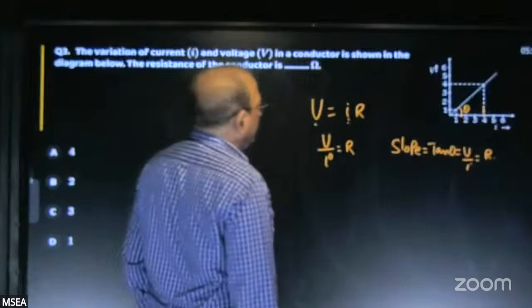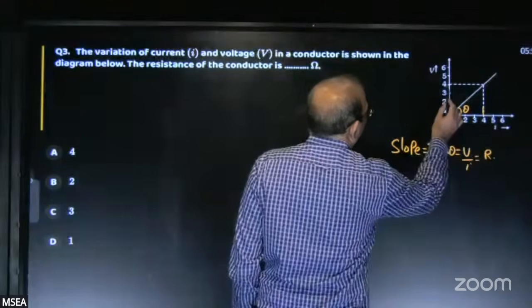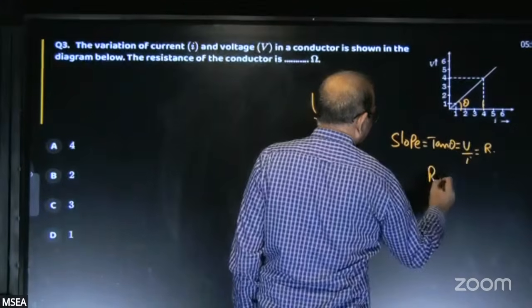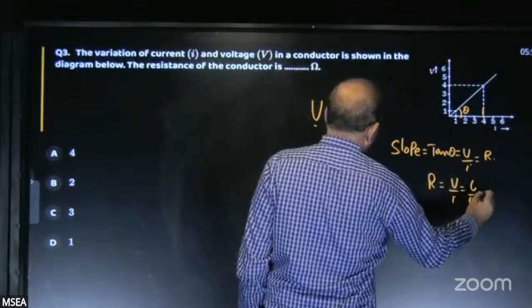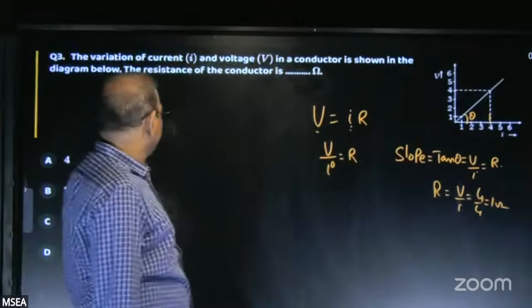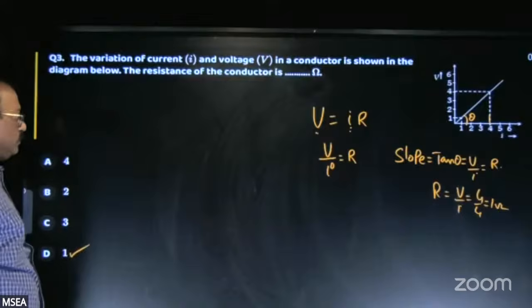V by I, find that: 4 volt per that current, 4 by 4, 1 ohm. Very easy. 1 ohm.